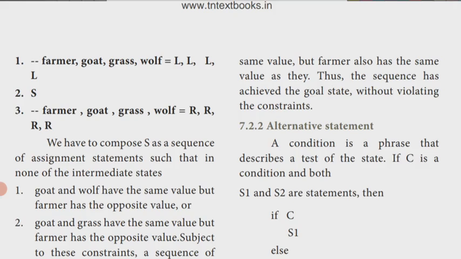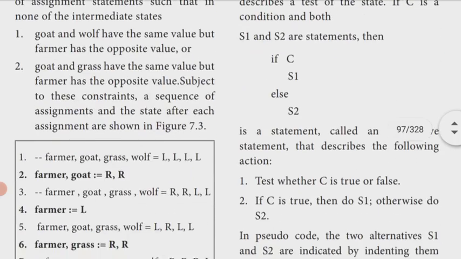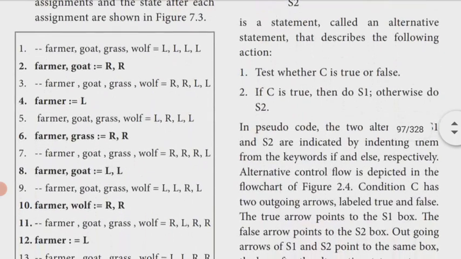For that, first we can't leave the goat and the wolf together. So first, farmer, goat, grass, wolf, all are on the left side.